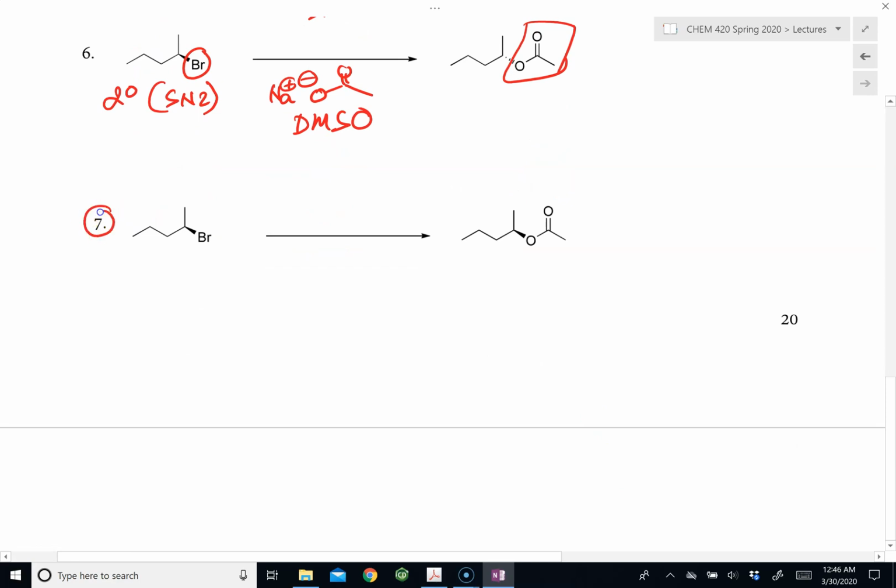And now, as for number 7, in this case we have this stereochemistry, and the product has the correct stereochemical outcome. Again, the reaction here is stereospecific. We have to produce this stereochemistry. And if we remember, in order to do this, we have to perform an SN2 reaction if we want stereochemical control.